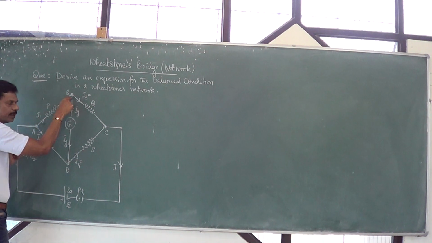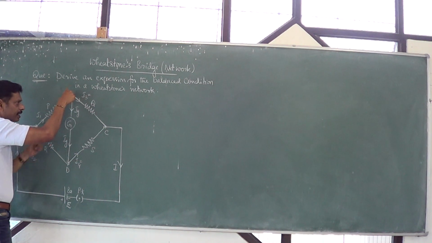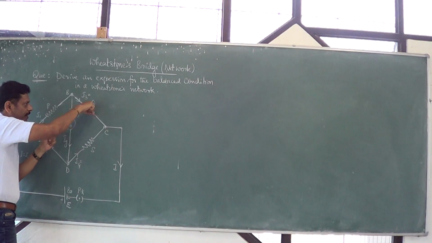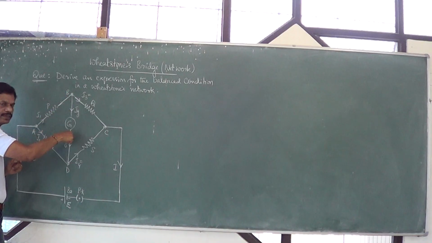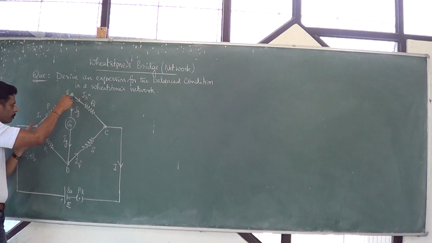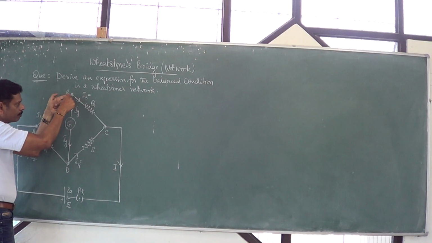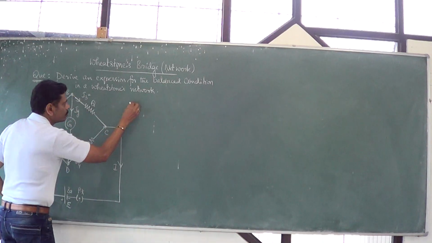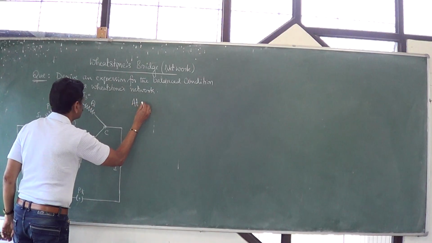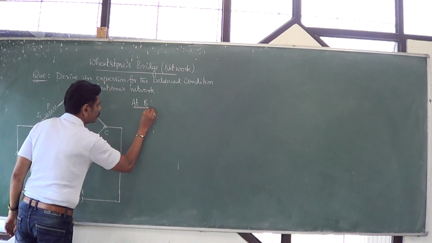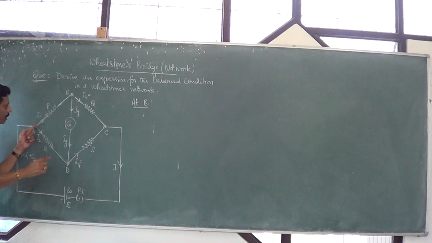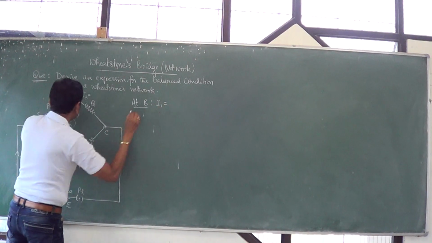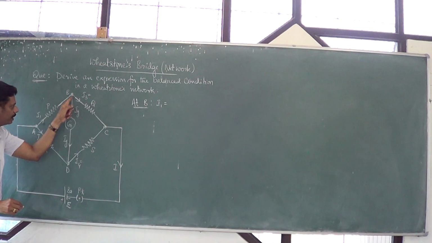Up to here it is I1. Once it reaches here, it is again divided into branches. One branch current is I3, the other branch current is Ig. So at this point B, the incoming current is I1, and the outgoing currents are I3 and Ig.